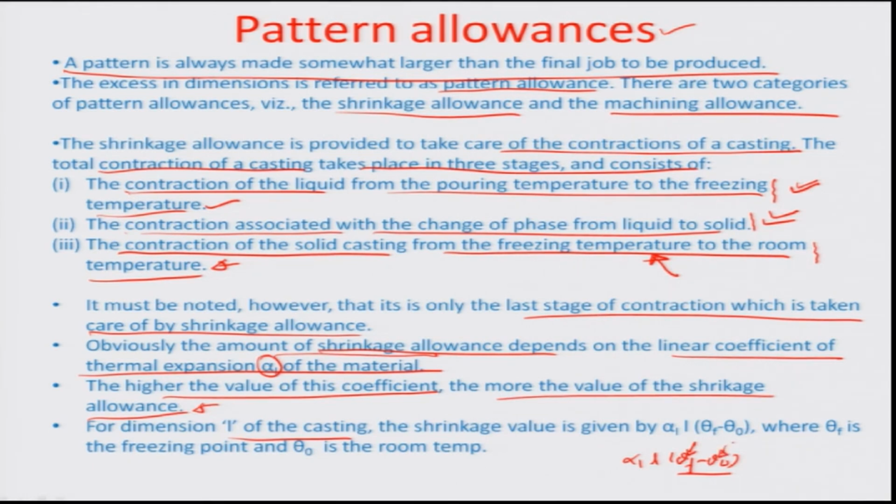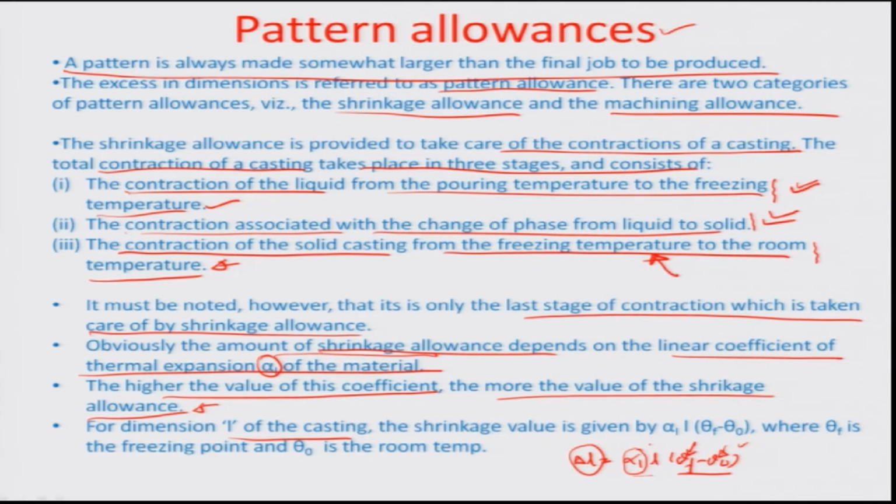So when the metal has just frozen to solid, still hot, from there it slowly cools to room temperature. The change in length, delta L, is proportional to the original length, and is also proportional to the difference of these temperatures, and alpha L is the thermal expansivity coefficient, which has to be plugged in. It is a constant for a particular material system.